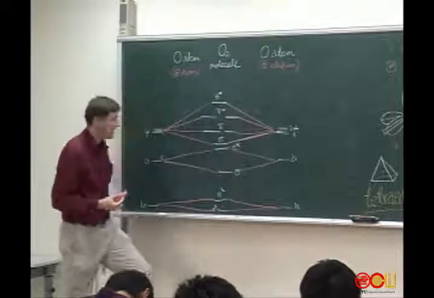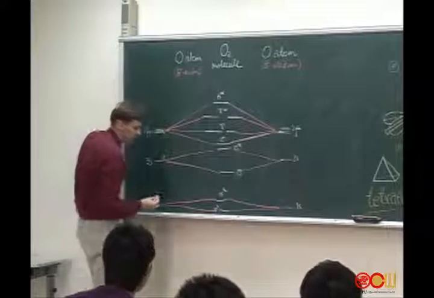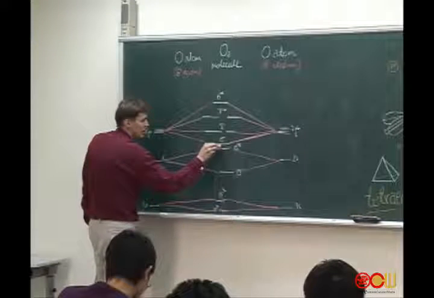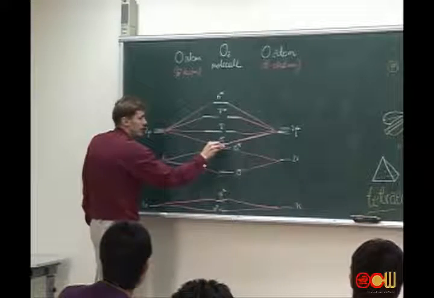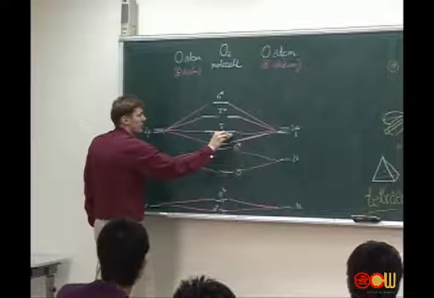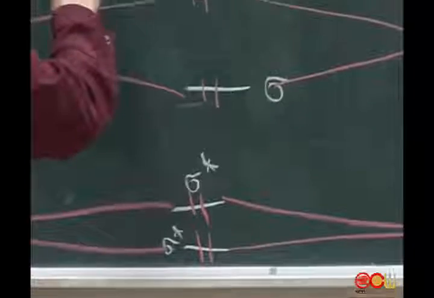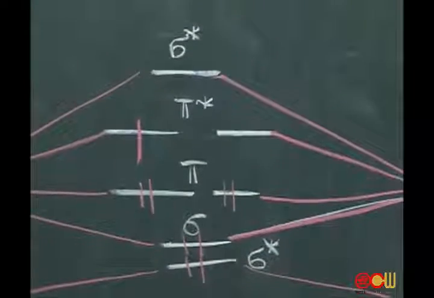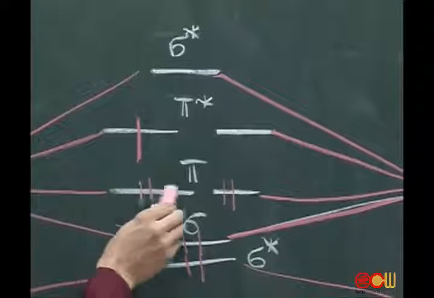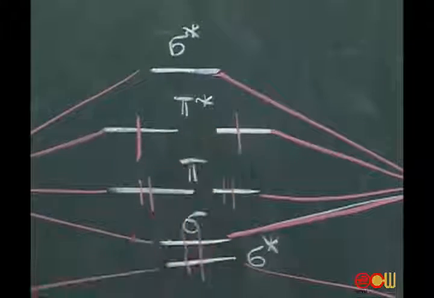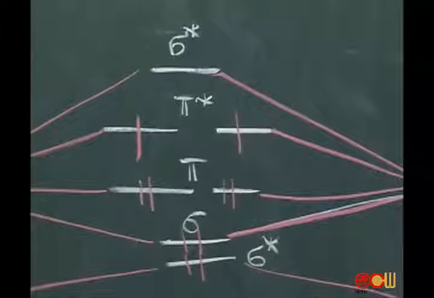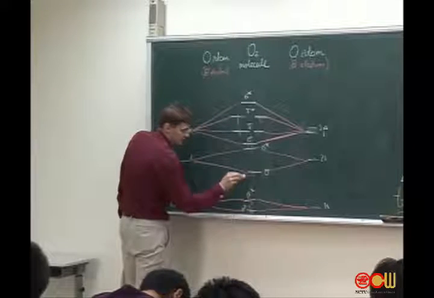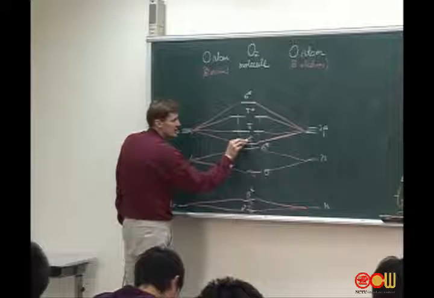Now I have to put these 8 electrons plus 8, total number 16 electrons. 2, 4, 6, 8, 10, 12, 14, 16. Now, with the orbitals that are doubly taken, one of them has spin up, one of them has spin down.